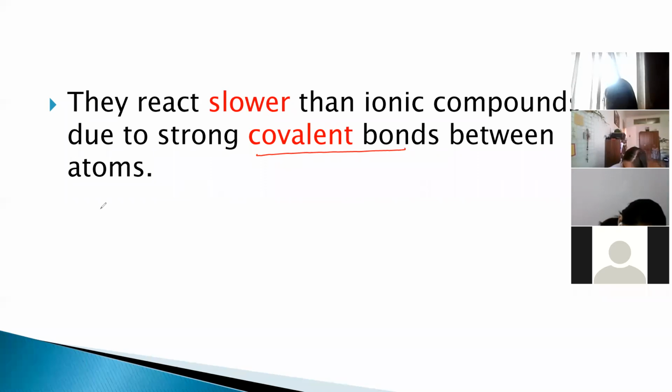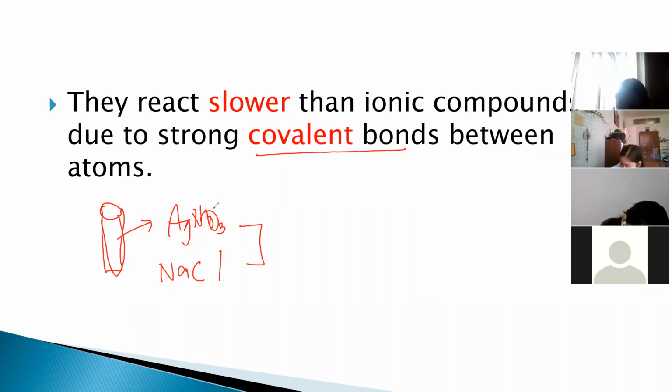Remember in our inorganic chemistry, if we have the test tube, and for example, we mix together the silver nitrate and the NaCl, we will immediately see the evidence of the chemical reaction through the formation of the precipitate, the silver chloride. So this one is an ionic compound.